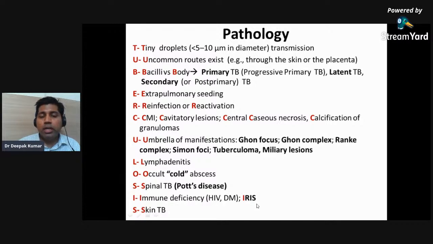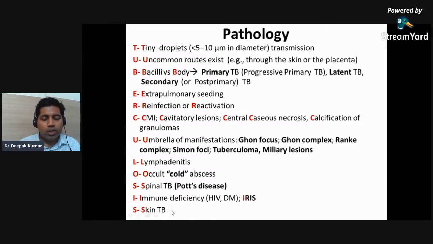When you are resensitizing the body to the bacilli and building up immunity, more aggressive forms of lesion happen. As the name implies, the exaggerated inflammatory response causes harm to the host. So this I gives two: immune deficiency and immune reconstitution. Both are there in the letter I.